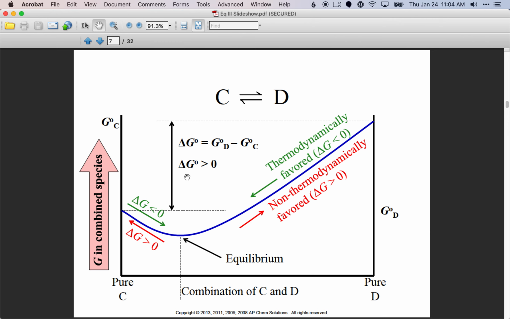Now notice that you still get the ski slope on either side, because the energy of C is higher than equilibrium, it's thermodynamically favored. And in this situation, we've got pure reactants here and we've got pure products here. When we reach equilibrium, notice that the concentration of C is higher than the concentration of D.